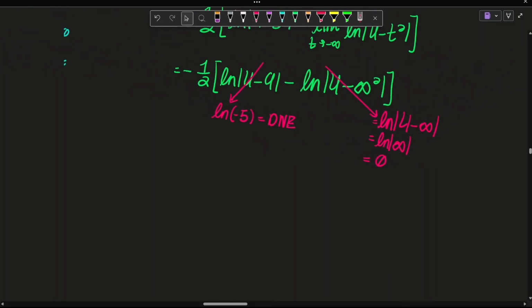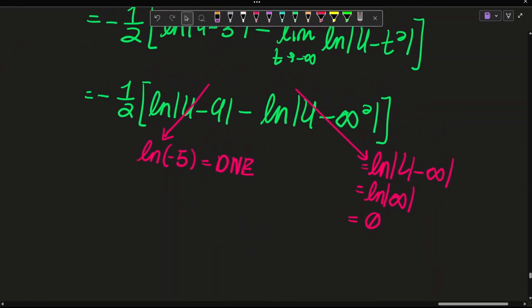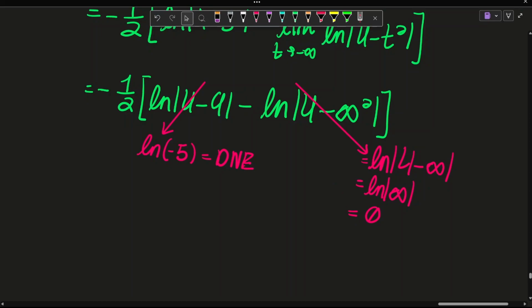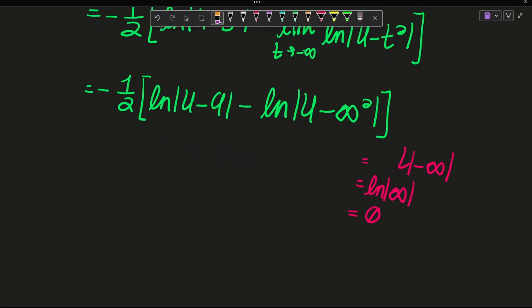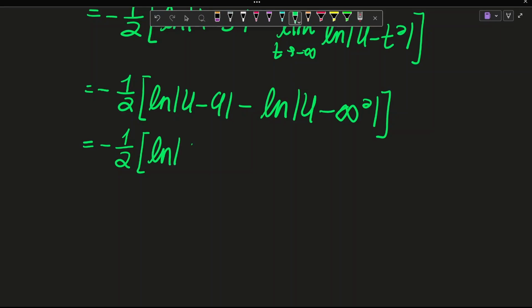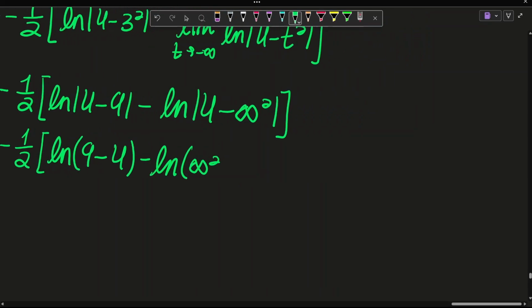All right, there you go. Now you can take it either one of two ways. Here, just to be even more precise, we can break this down into two new problems. This would be negative 1/2 times the ln of 9 minus 4 minus ln of, sorry, not absolute value anymore, infinity squared, just infinity, minus 4.